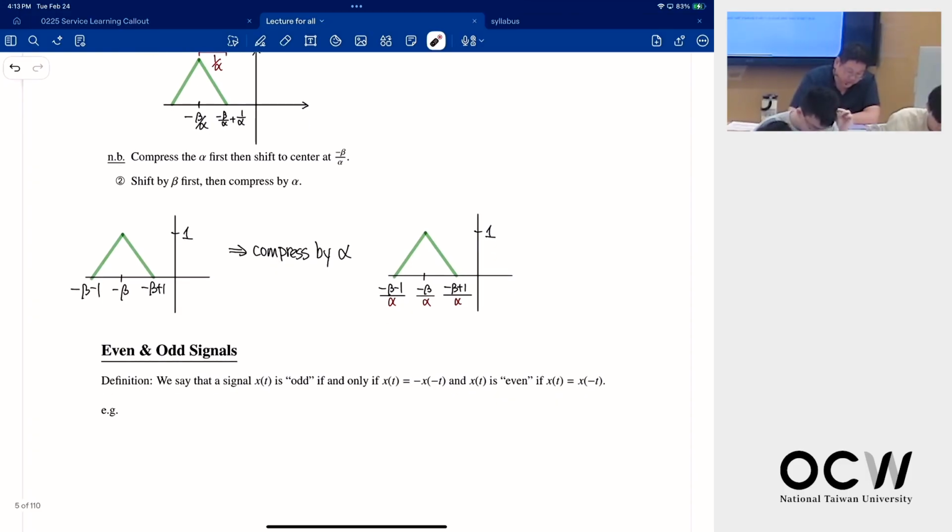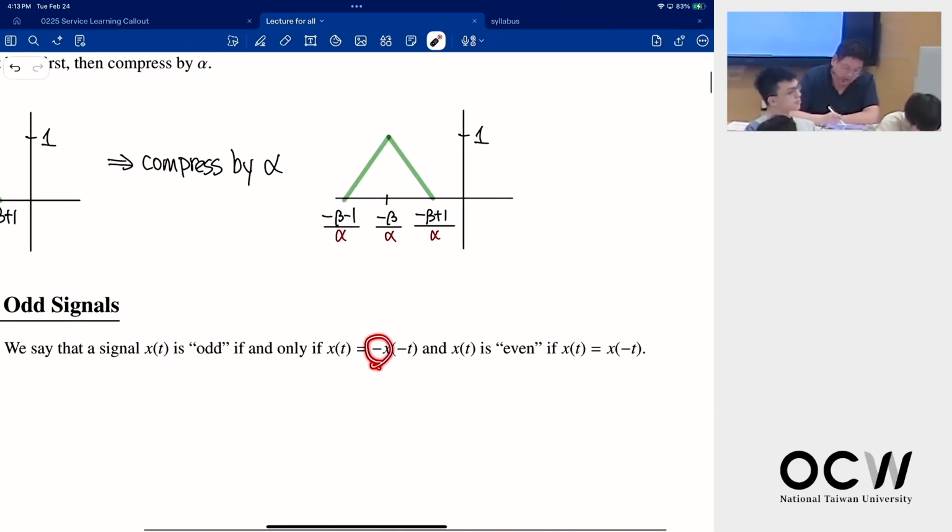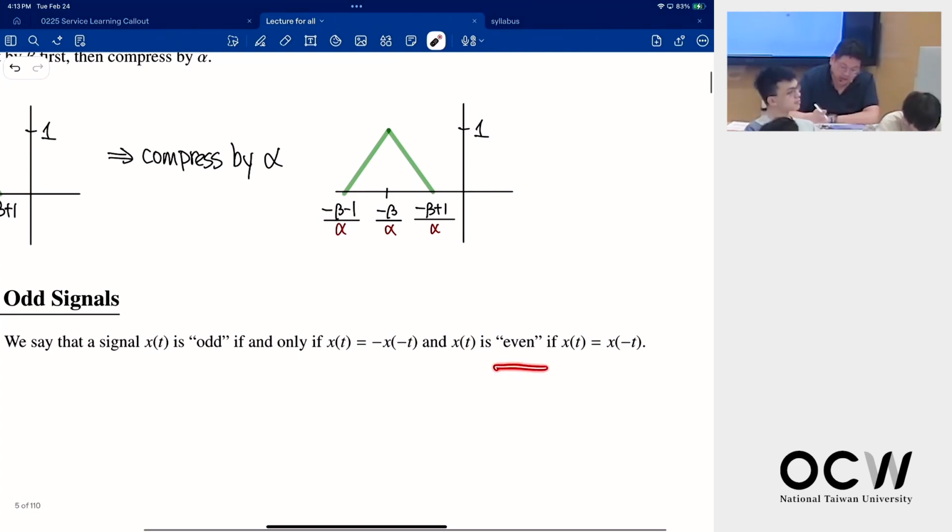We say that a signal is odd if and only if the original signal and the reverse signal have a different sign. Okay, so here we have like a minus sign here. If it is an even signal, the original signal and the reverse signal are the same.